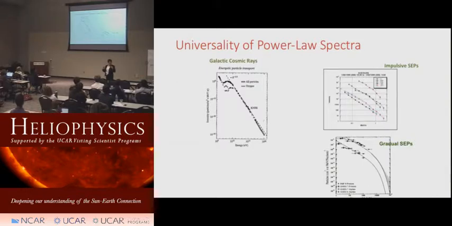Particles are accelerated really quickly, and they produce power laws. This is intensity versus energy per nucleon. You also see gradual, much slower SEPs that have mostly power laws. They have a rollover, what we call, but mostly power laws, okay? So the question for us: can we explain power laws based on shocks, okay?